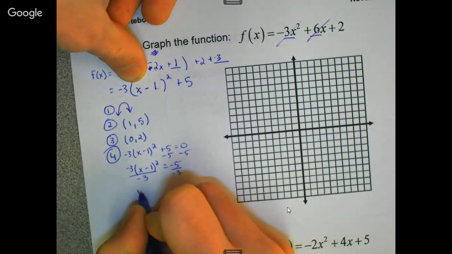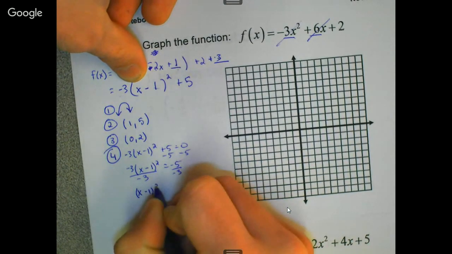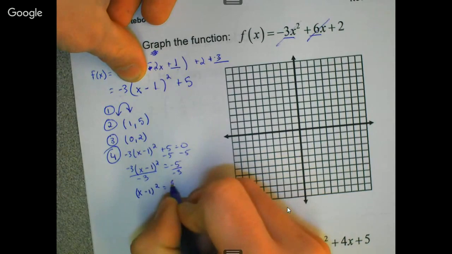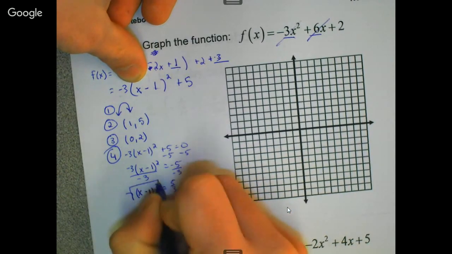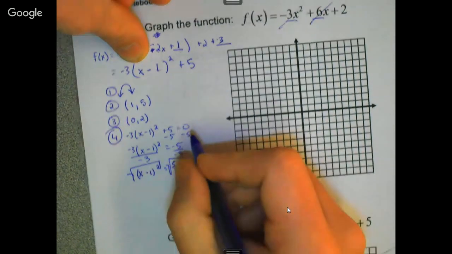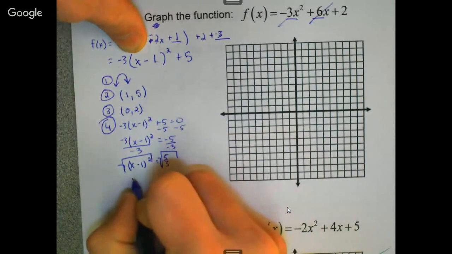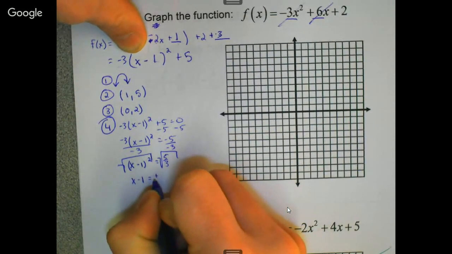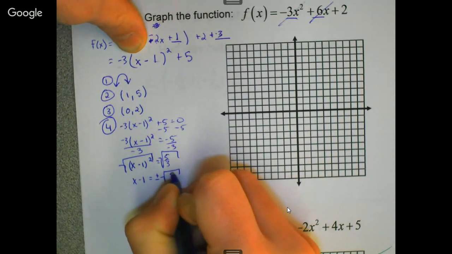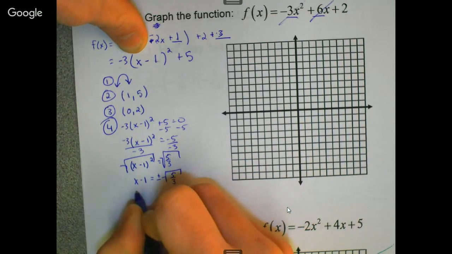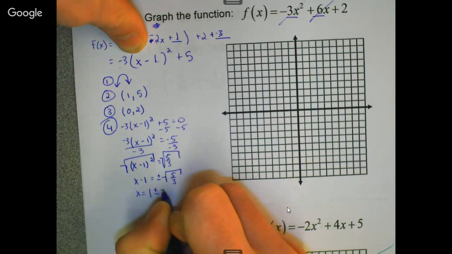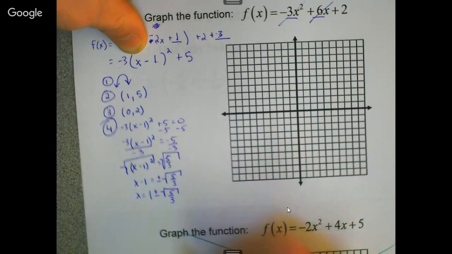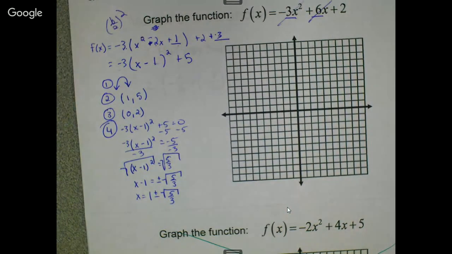So (x minus 1) squared equals 5/3, take square roots. So we have x minus 1 equals plus or minus radical 5/3, and add 1 over. So x equals 1 plus or minus square root of 5/3. That's a little bit nasty.